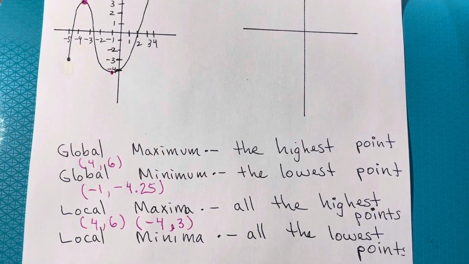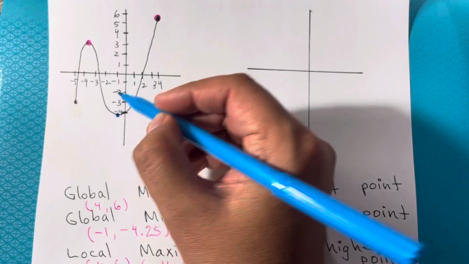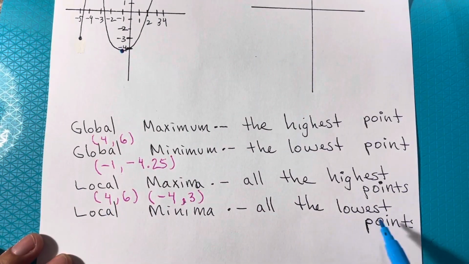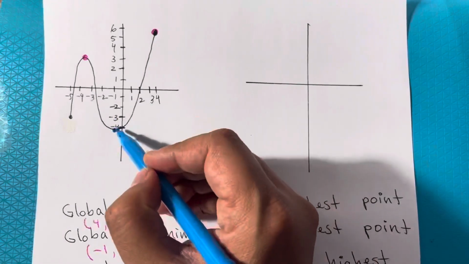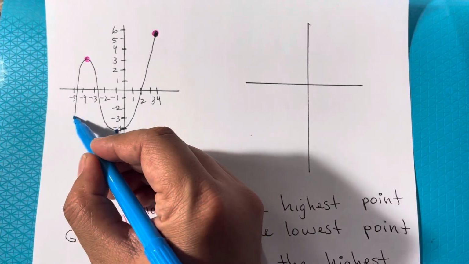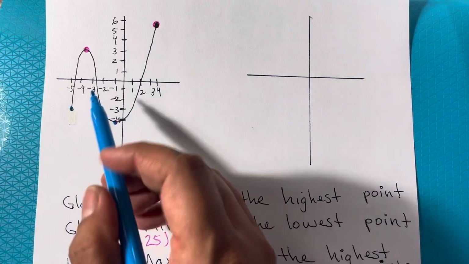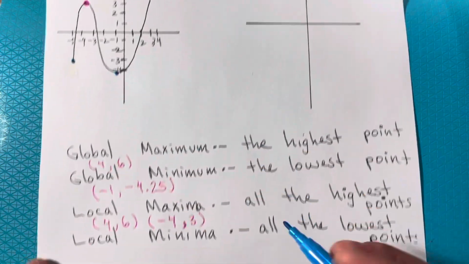And so we have the global minimum, it was that one, but then we also have local minimum, which is all the lowest points compared to those around it. So that's lower than those, and this one is lower than those other points next to it. That will be (-5, -3).